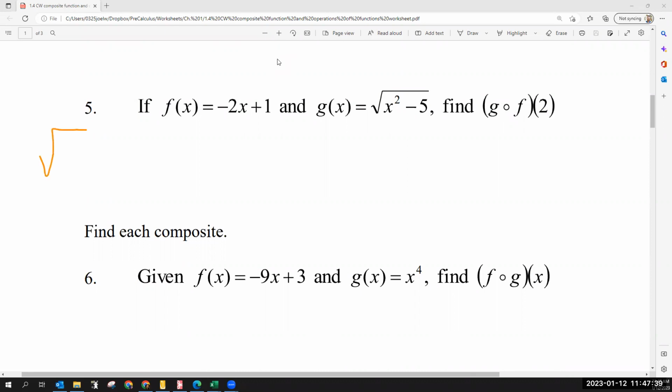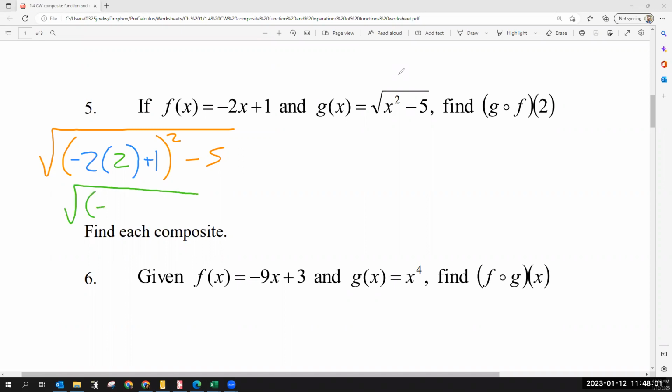So here's G. All right, 2 times -2 is -4 plus 1 is -3 squared is 9. 9 minus 5 is 4, and the square root of 4 is 2.